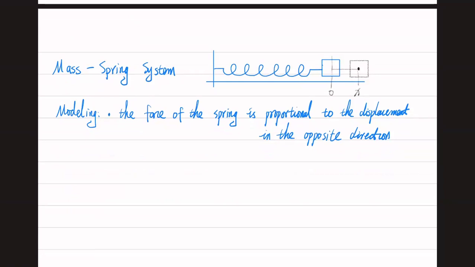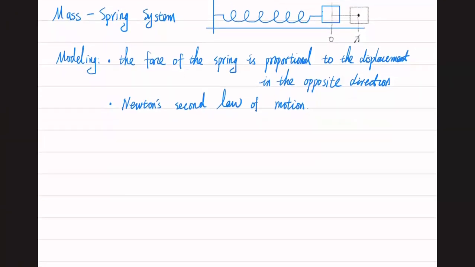A second thing we need is Newton's second law of motion, F equals m a.